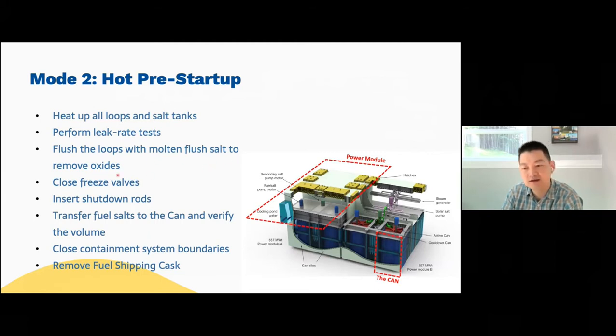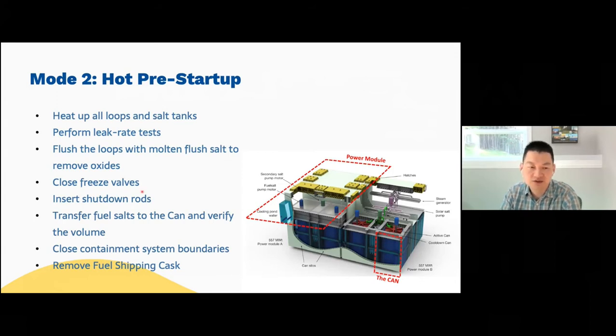So we're not filling the fuel salt or coolant salt directly. We fill the flush salt first. This step is to remove oxides that may exist on the inner surface of the piping and the vessel. Once we flush the salt, we're going to close the freeze valves.